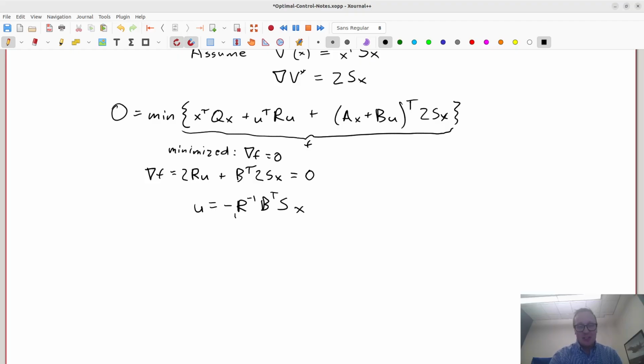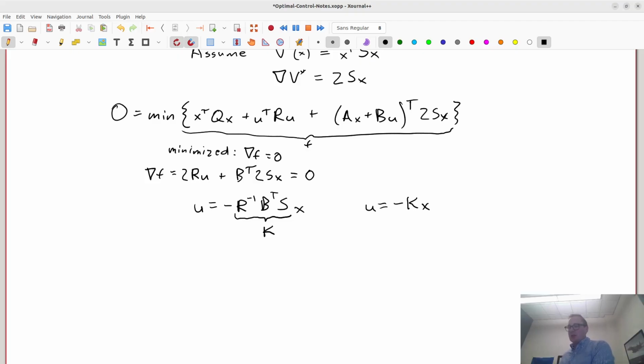R inverse B transpose S is equal to our gain matrix K. So we have now our form here, u equals negative K times x. This K is R inverse B transpose S. Now, we know R and B from the definition of the problem. The question is, how do we calculate S?